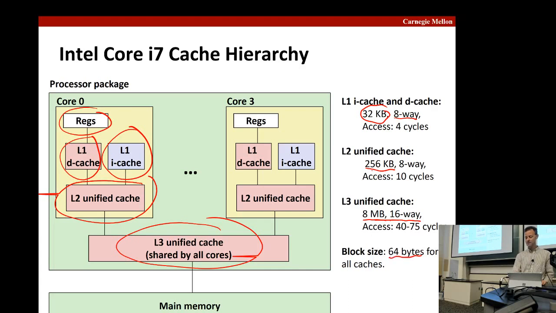Cache line sizes are 64 bytes throughout the system. You can also see the latency: an L1 hit is 4 cycles, L2 is roughly 10, and L3 can be 40 to 75 cycles, depending on how close the memory bank is to your core, and so forth.